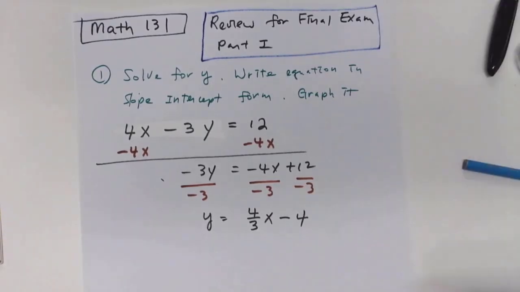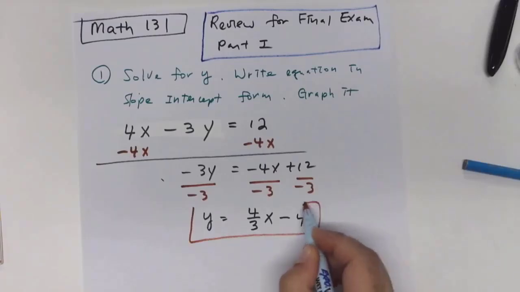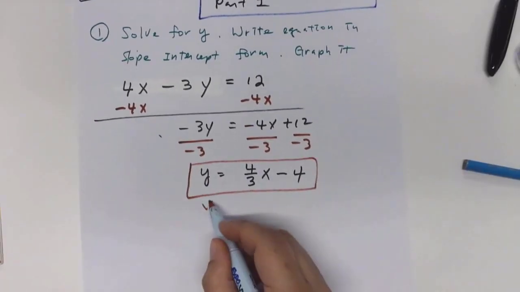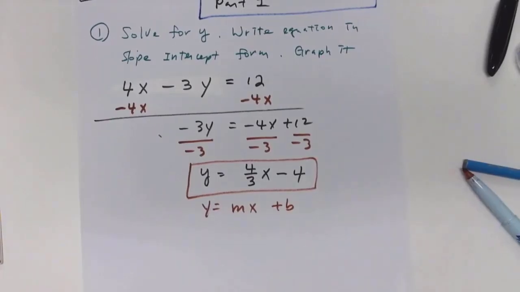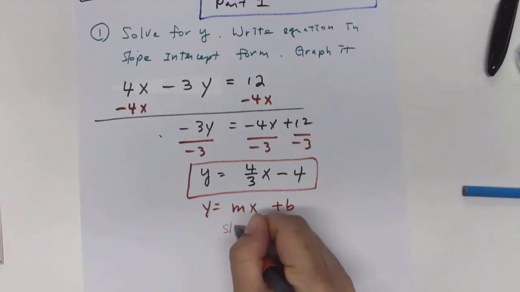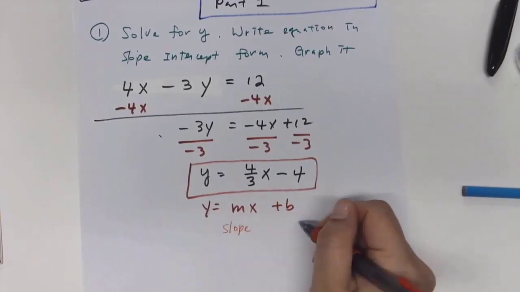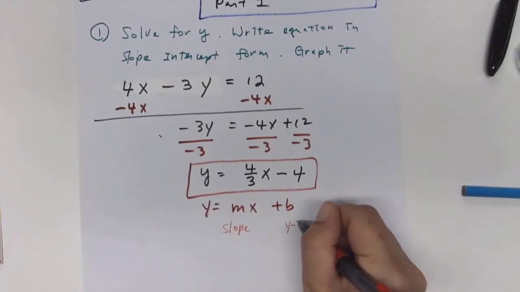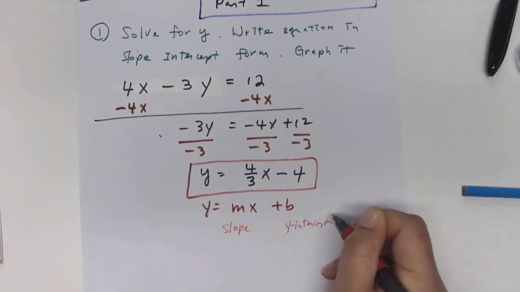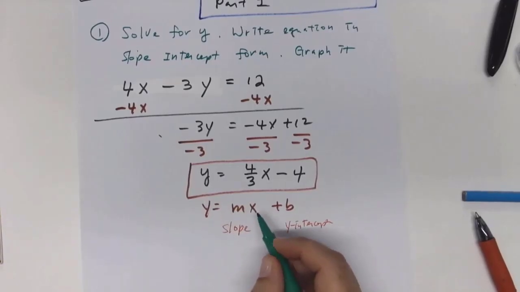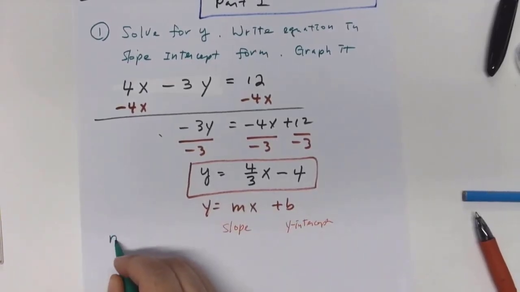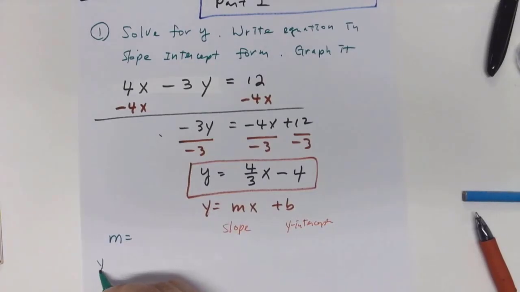So when you have this form, this is the form of y equal to mx plus b, right? So we're going to have our slope, and then the b is my y-intercept. So using those, we are going to try to graph. So slope m equal to what, and the y-intercept equal to what?